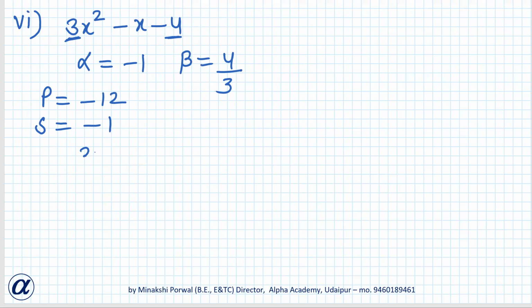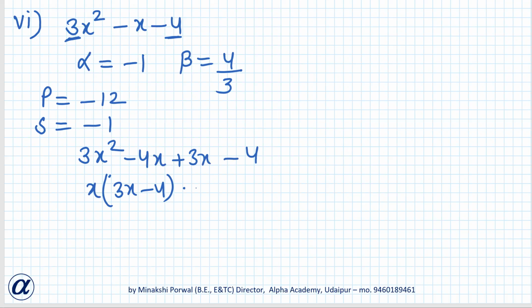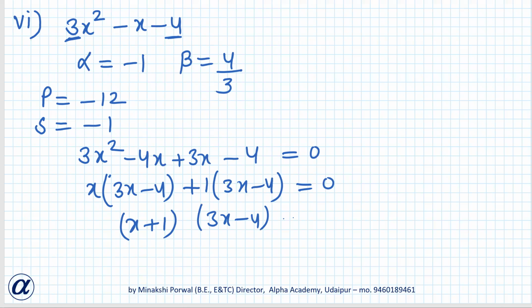Okay, so how will we factorize 3x square minus x minus 4? The numbers will be minus 4x plus 3x minus 4. X we have taken common. So it is x into 3x minus 4 plus 1 into 3x minus 4. This is equal to 0. So x plus 1 into 3x minus 4 equals 0. X is minus 1 and x is 4 by 3.